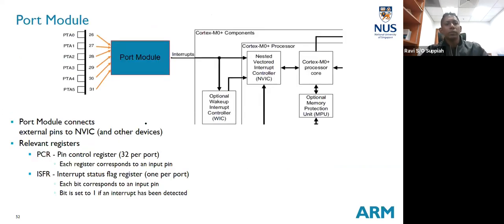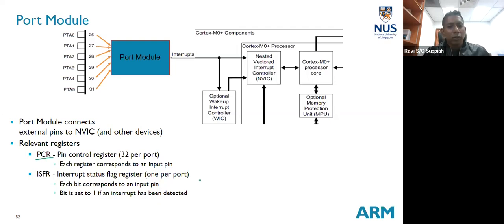In terms of the port module, like I said, the NVIC is internal to the processor core. So all the port pins that can generate interrupts will go through a port module, and this port module will register the interrupts coming in from these GPIO pins. If you remember from last lab, we have this register called the PCR, port control register, or pin control register.